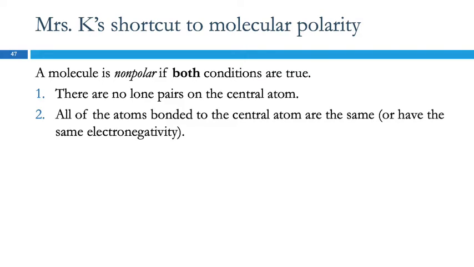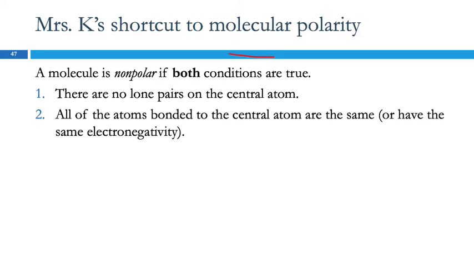So my rule here: a molecule is nonpolar if both of these things are true. There are no lone pairs on the central atom. All the atoms bonded to that central atom are either the same element or have the same electronegativity. Why does this work? In order for a molecule to be nonpolar, it needs to be symmetrical if it has polar bonds.